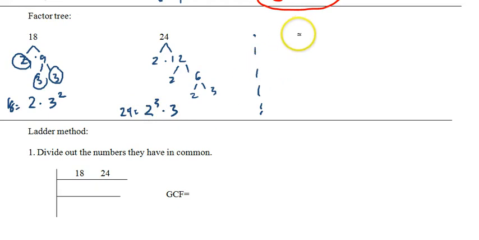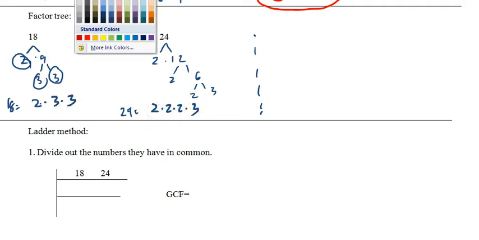So what we do to find the GCF is you have to put what they have in common. Well, if you have a 2 and a 2 cubed, they have one 2 in common. And if this doesn't look clear enough for you, let's break it down even more. We have a 2 times a 3 times a 3. And over here we have 2 times 2 times 2 times 3.